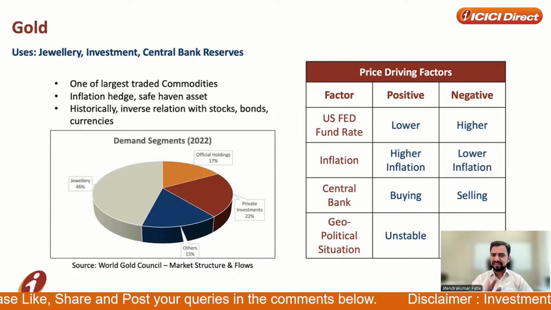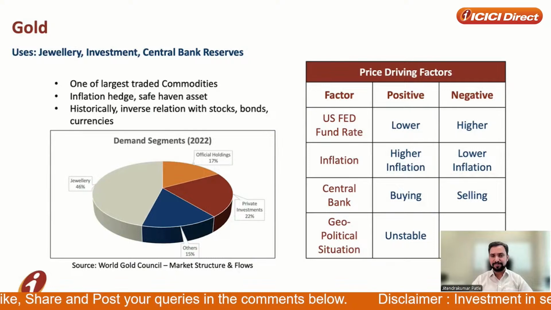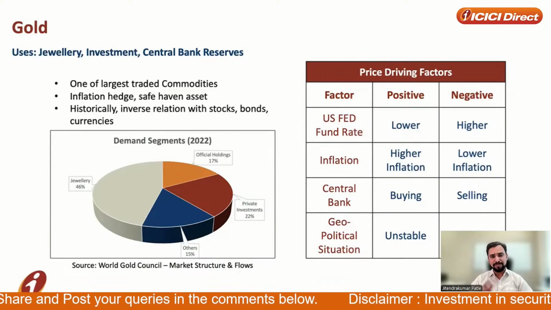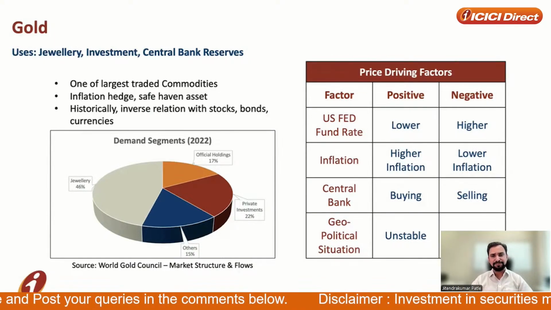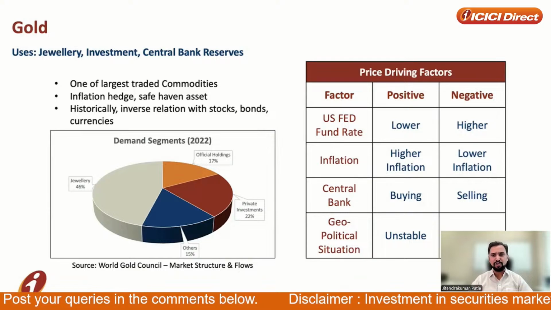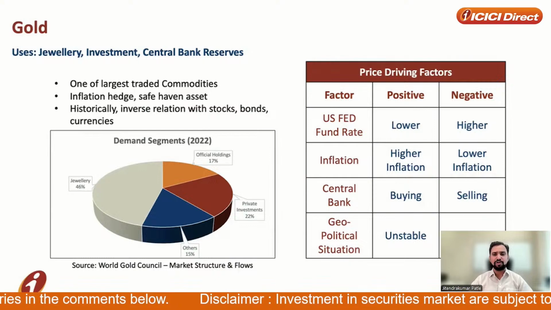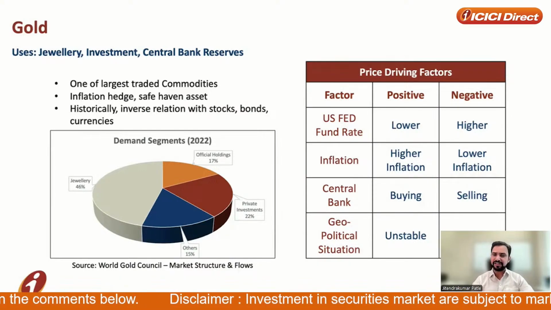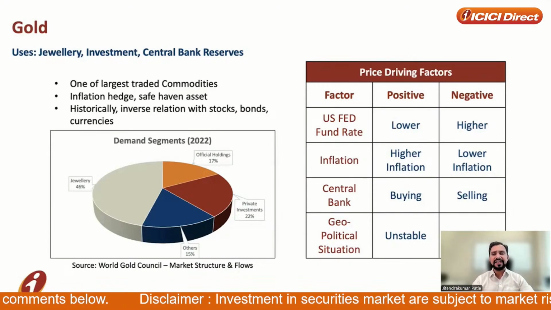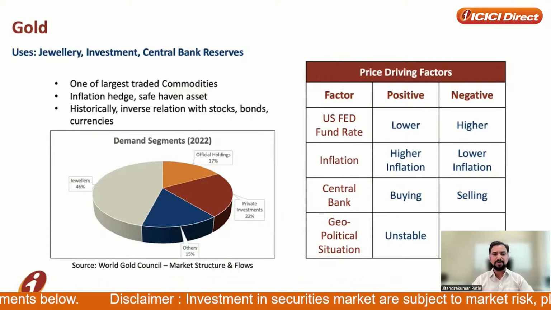This way there is an inverse relationship. Inflation, as I said: to beat inflation, people are taking a bet in gold, so gold prices will go higher when inflation is higher. And as we discussed, central banks are buying, so definitely the gold prices will go up, and unstable geopolitical tension also increases the price of gold. So this is positive for gold.